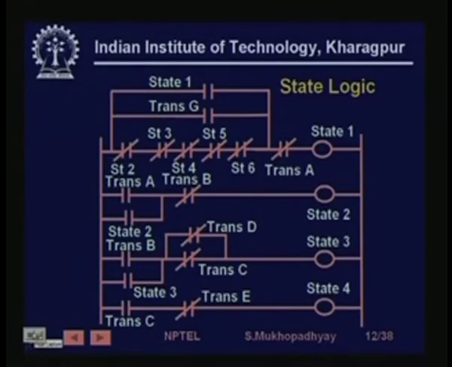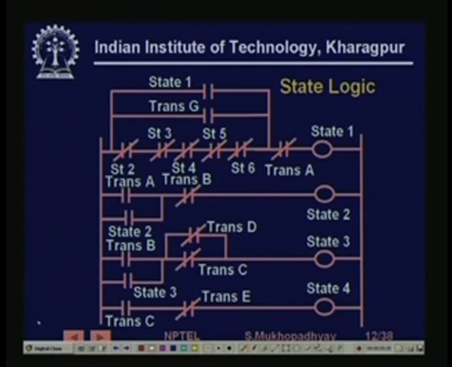Now in the next stage, transition A becomes on and state 1 was already on. So at this point of time we come to the state logic. Let us see what happens in the state logic. State 1 was on, and because auto push button was pressed, transition A became on.